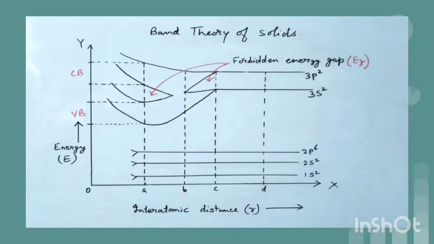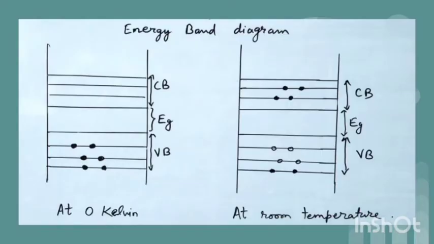Valence band is never empty. Electrons in this band do not contribute to the electric current. Conduction band is empty at 0 Kelvin or partially filled with electrons at atmospheric or room temperature. Electrons in this band contribute to the electric current. Forbidden energy gap is completely empty as there is no electron in this gap.